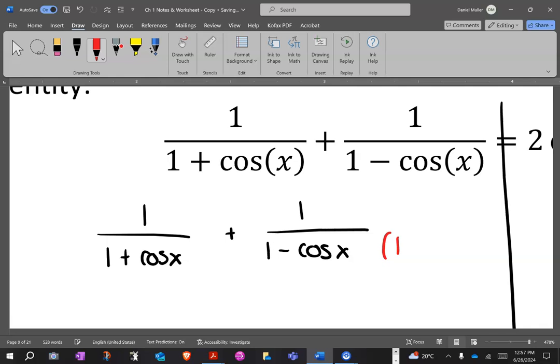So this side needs a 1 plus cos x, and we'll do that top and bottom. And this left side needs a 1 minus cos x.